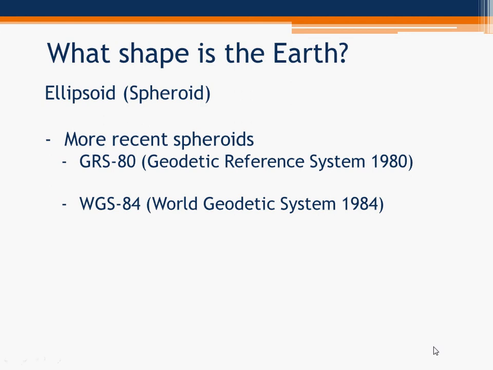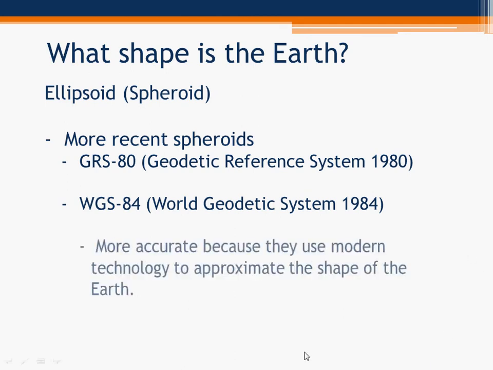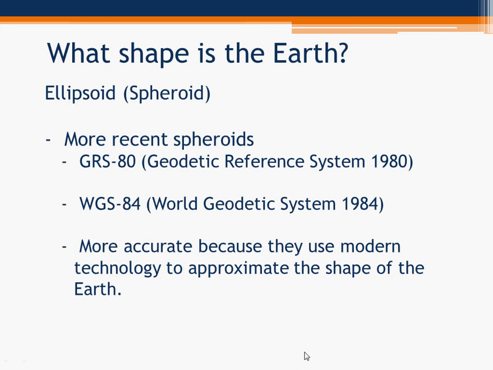So moving forward, we have to define what a datum is, and we'll do that in just a second, but we need to address the fact that Clark's 1866 spheroid is extremely outdated, and more recent spheroids like GRS 80, which stands for Geodetic Reference System 1980, or the more recent and familiar WGS 1984, which you may remember from one of our earlier assignments, is the ellipsoid that we use for the coordinate system that we defined for our earthquake assignment. So these are more up-to-date and more accurate because they use modern satellite technologies.